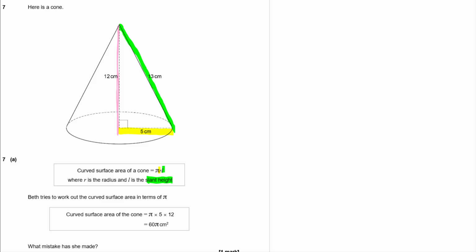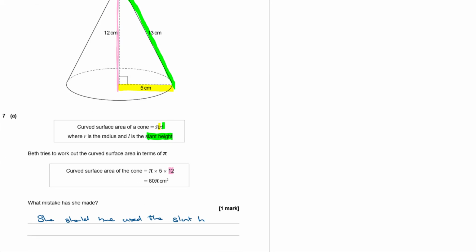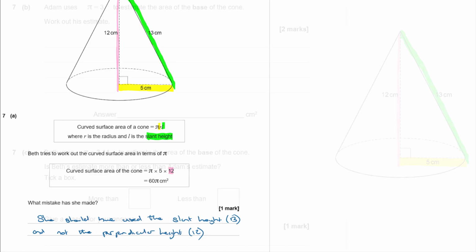So she has used the perpendicular height when she's meant to use the slant height. So I would say that she should have used 13 and not 12. So I've written she should have used the slant height 13 and not the perpendicular height 12.